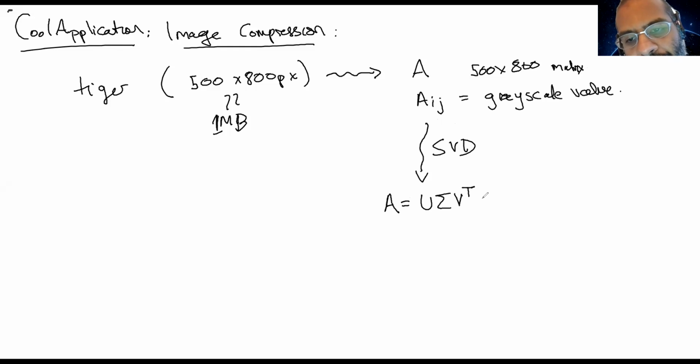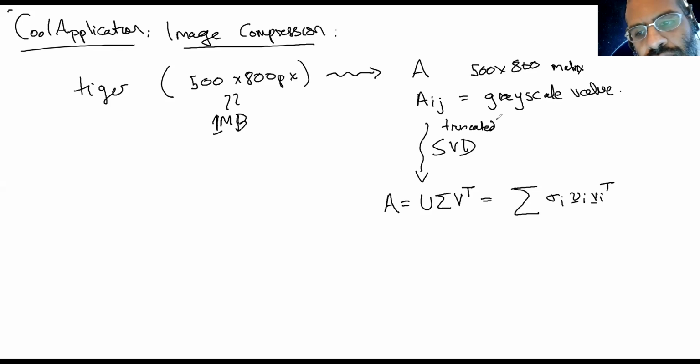So how many terms are there going to be in this SVD at most? Anybody have an upper bound? I mean, like truncated SVD. How many terms in the sum?